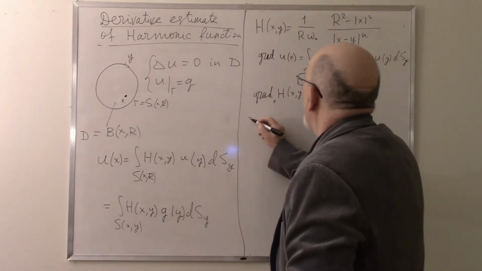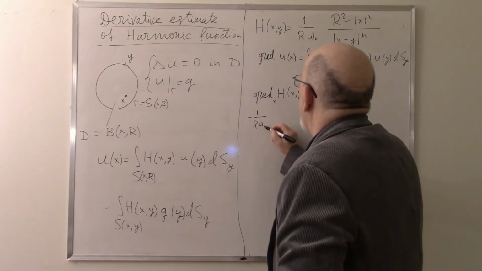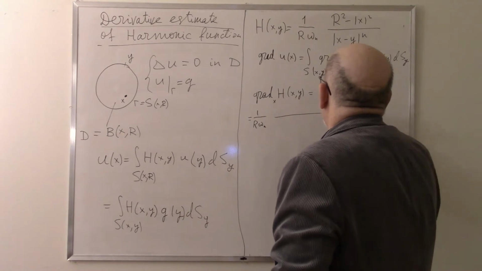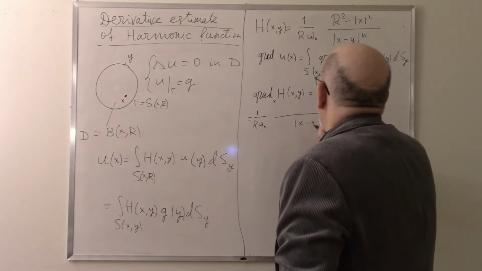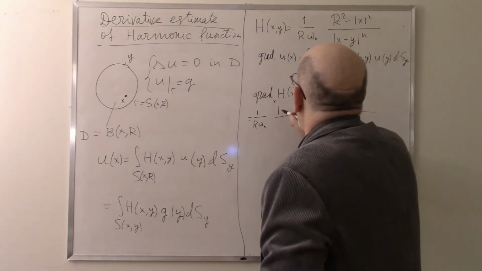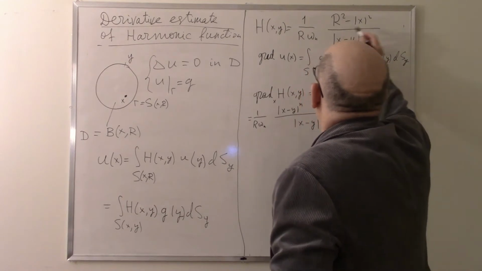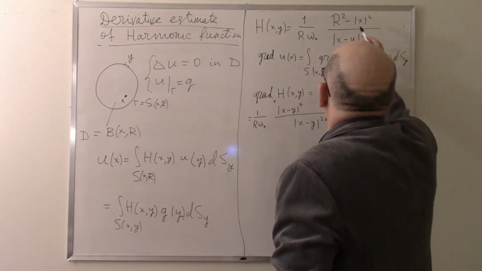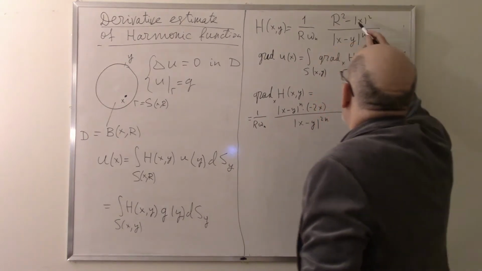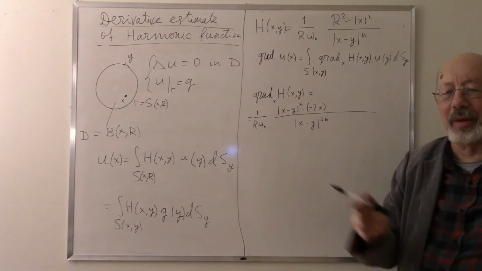It equals 1 over r omega n, which is constant, times module x minus y to the power n times the gradient of r square minus module x square with respect to x, which is minus 2x. The gradient of x squared is 2x. x is a vector.